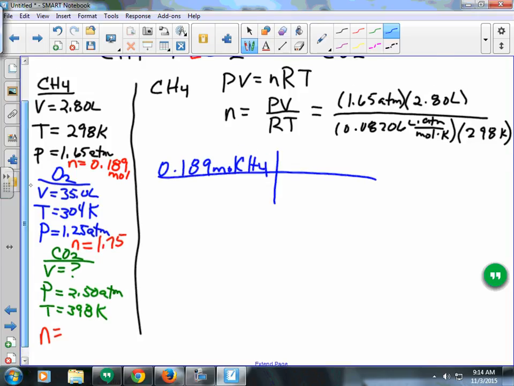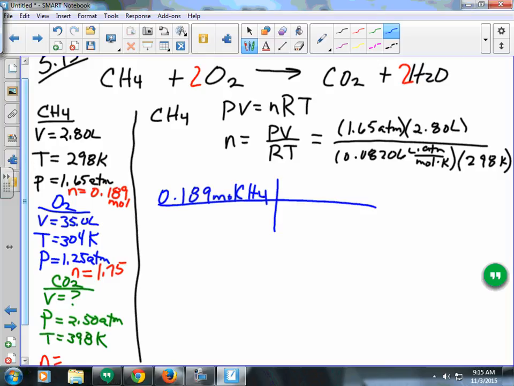And we need the balanced equation again. 1 mole of CH4 to 1 mole of CO2, right? So it's going to be 0.189 moles of CO2.